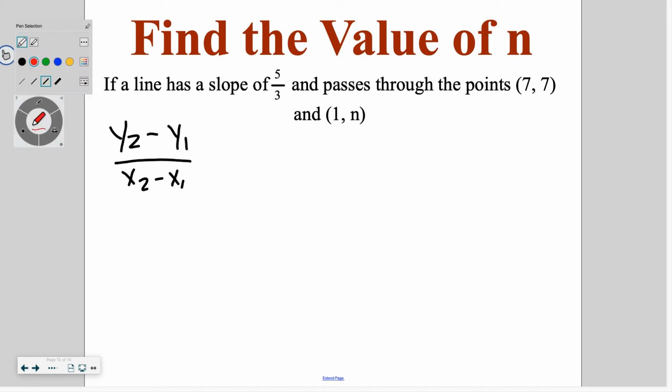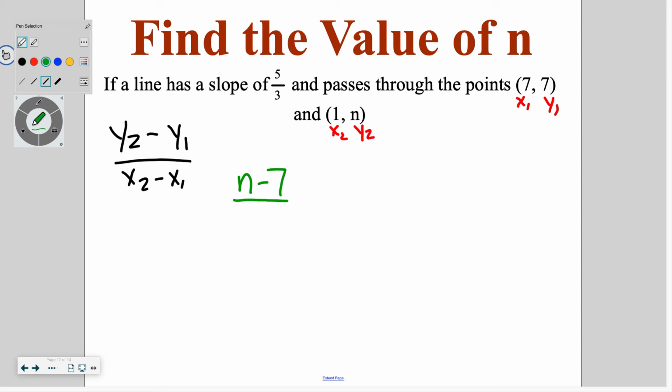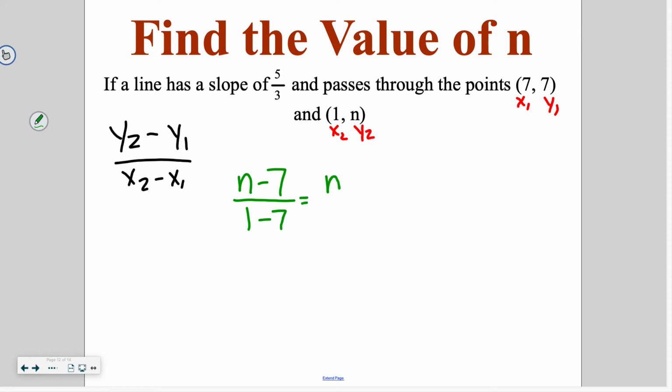So even though we're missing one of the values, we still want to label x1, y1, x2, y2, and plug those values into our formula. So y2 is n minus y1 is 7 over x2 is 1 minus 7. Now, we can simplify this to say that n minus 7 is over negative 6.